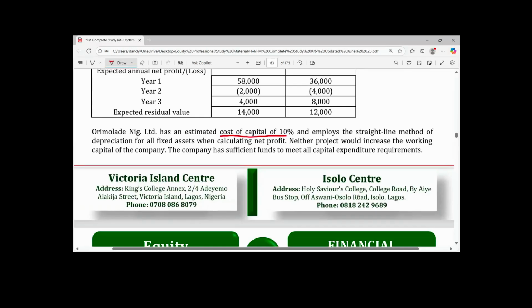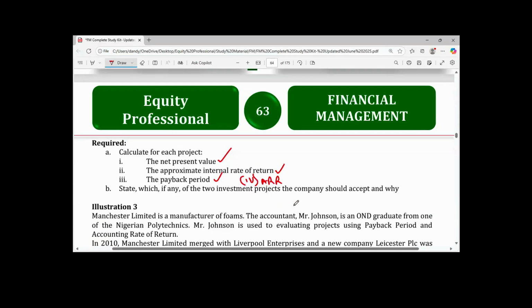Neither project would increase the working capital of the company. The company has sufficient funds to meet all capital expenditure requirements. A. Calculate for each project the net present value, the approximate internal rate of return, the payback period. B. States which, if any, of the two investment projects the company should accept and why.